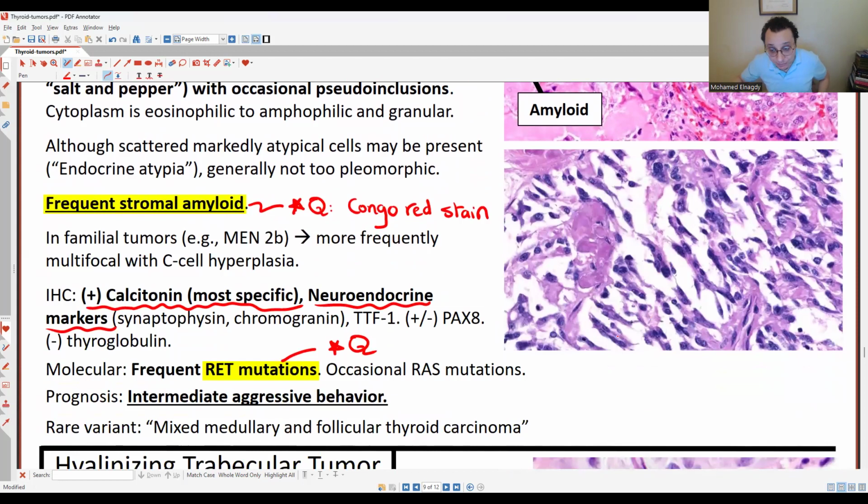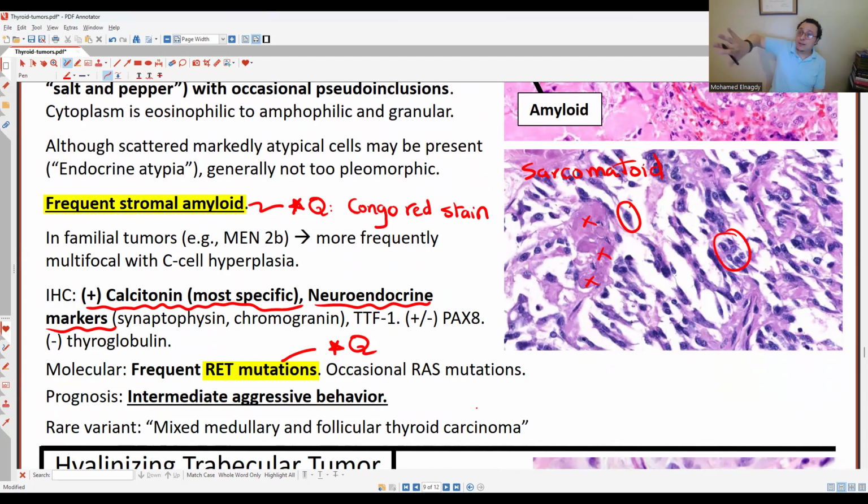However, sometimes you might see it in a sarcomatoid pattern. See these spindle cells? It's a little bit tricky when it comes in a sarcomatoid pattern, but you still see the amyloid in the background.